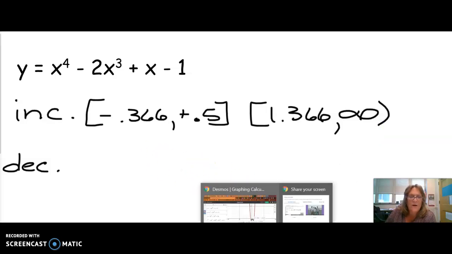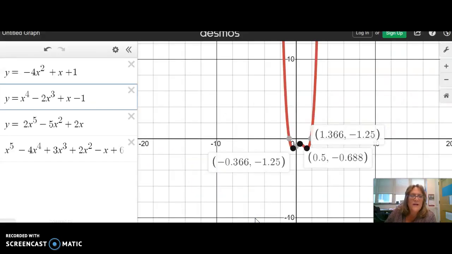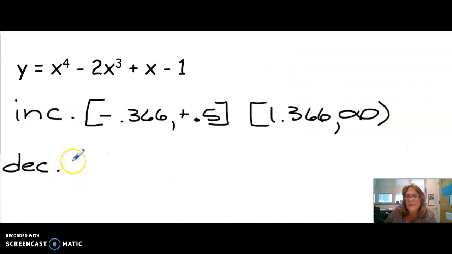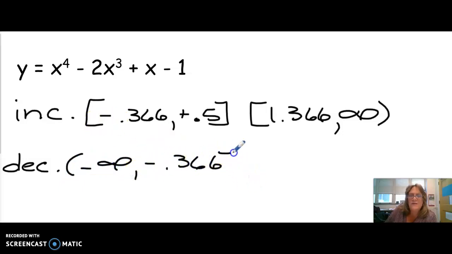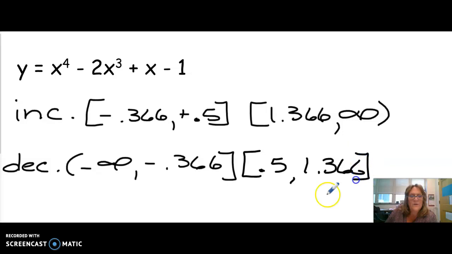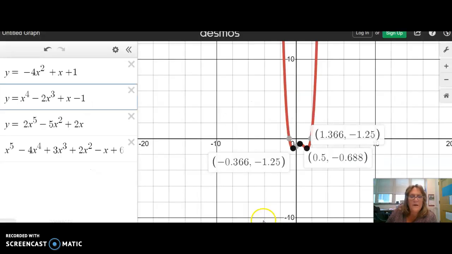Well, if I look at my graph to see where it's decreasing: from negative infinity to this negative 0.366, it's decreasing. Then it's going to decrease again from 0.5 to 1.366. Let's look at what that looks like. It's the decreasing part from here to here.